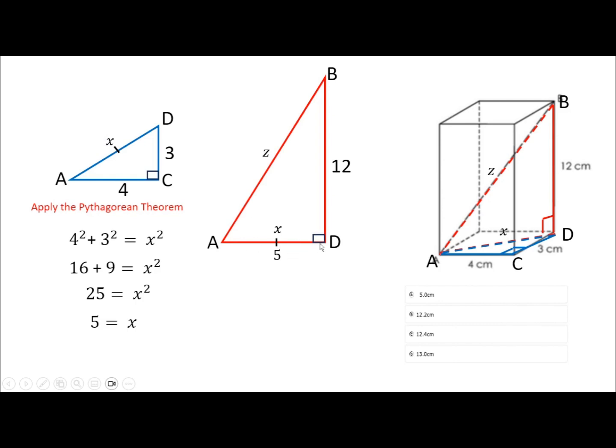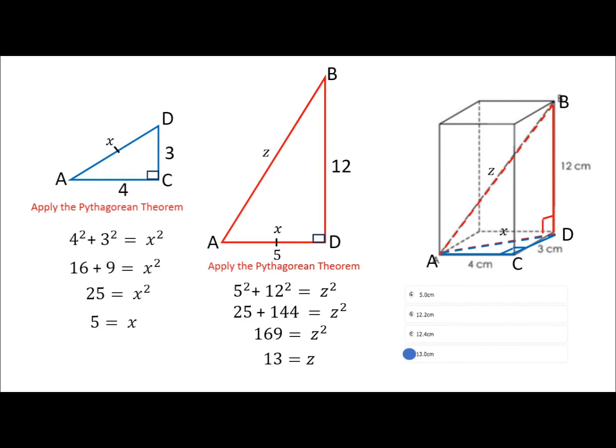Now this is known and this is known. I can find AB, applying the Pythagorean theorem again. 5 squared plus 12 squared equals z squared. 169 is equal to z squared. What number multiplied by itself gives you 169? It's 13. Okay.